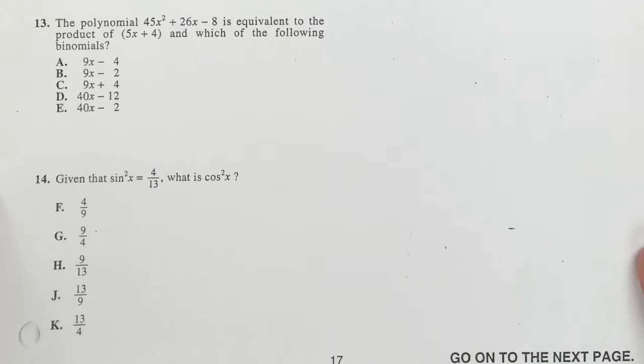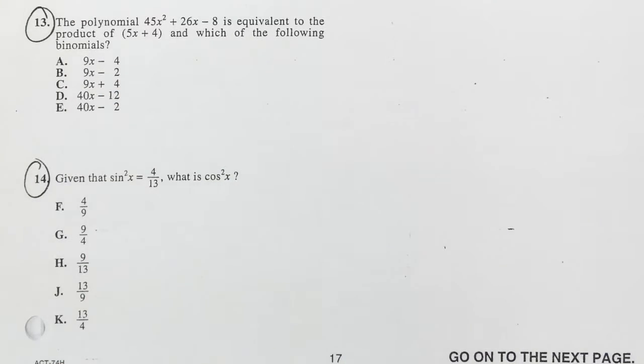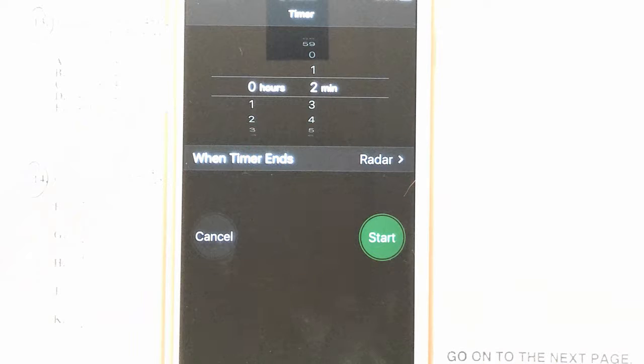All right, we're on 13 and 14. Don't start yet, though. How many questions do you have? 2? So how many minutes do you have? 2. All right, don't start yet. Anybody need a minute? Some people are still flipping.